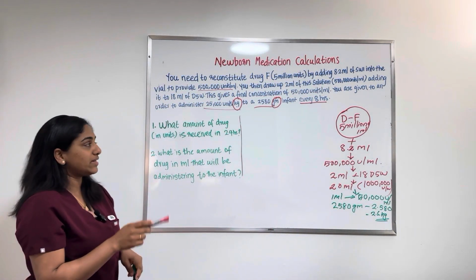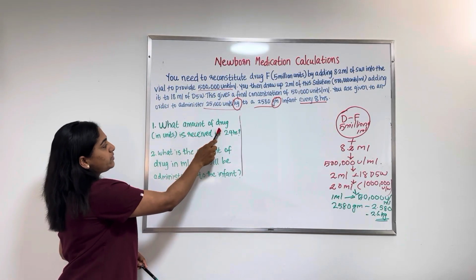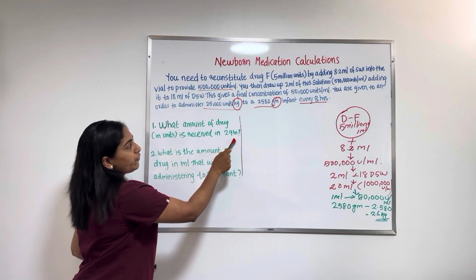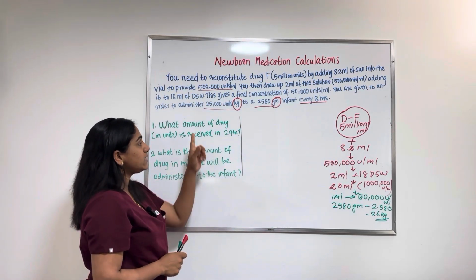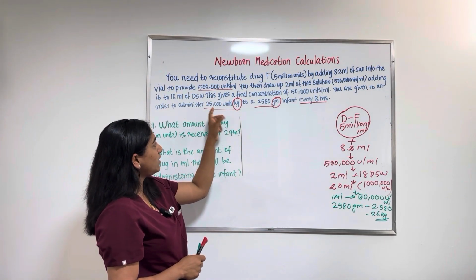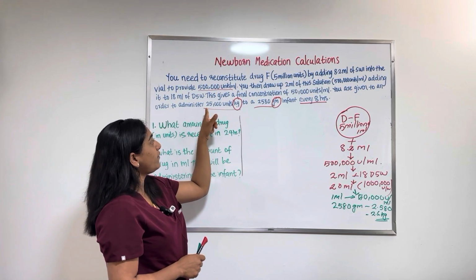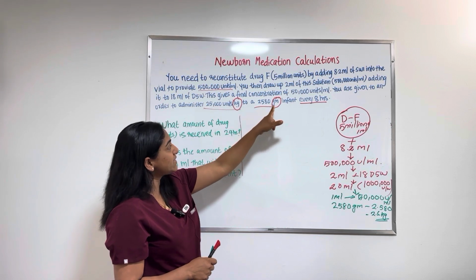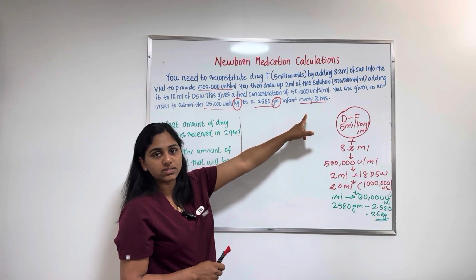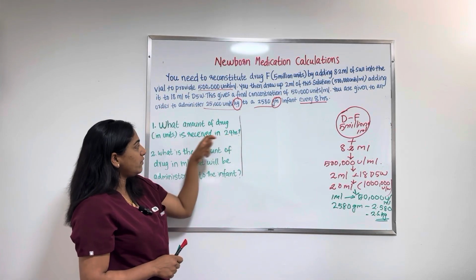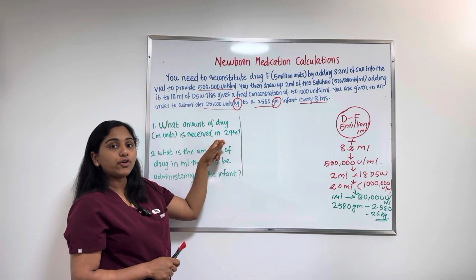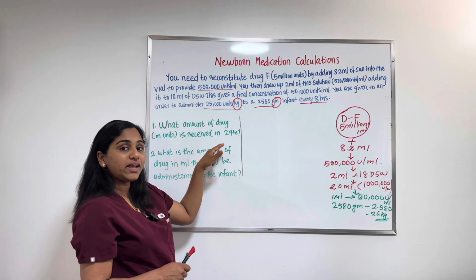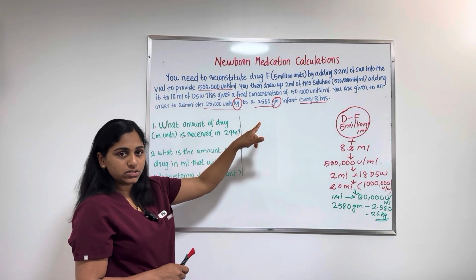So let's see the first question. What amount of drug in units is received in 24 hours? In the subject, it is mentioned that we have to give 25,000 units per kg to a 2.6 kg infant every 8 hours. In this question, we have to find out the dose for 24 hours. So the preliminary step is to identify the dose for 8 hours.